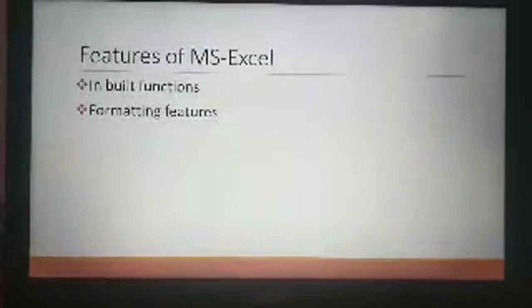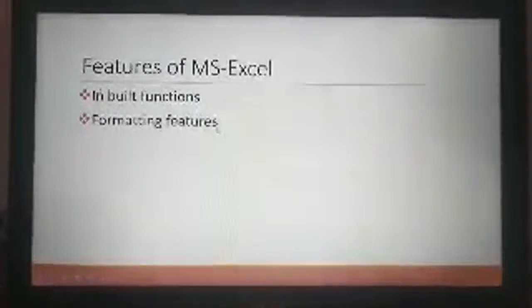Next, it has very good formatting features. Formatting features means appearance. When you enter data, how your data will appear on the screen. I will show you today only what these features mean. When you are going to use Excel, you enter data first in tabular form. So data can be in a normal way.